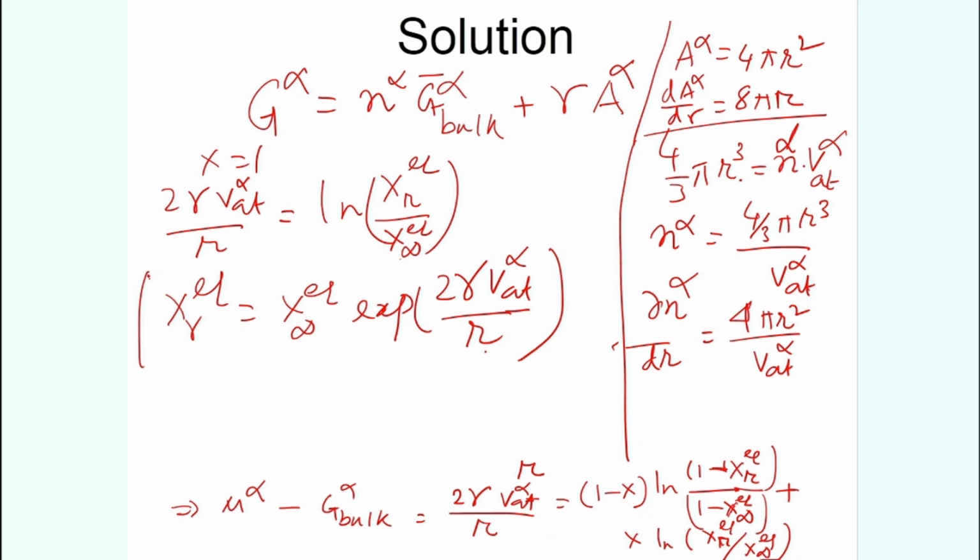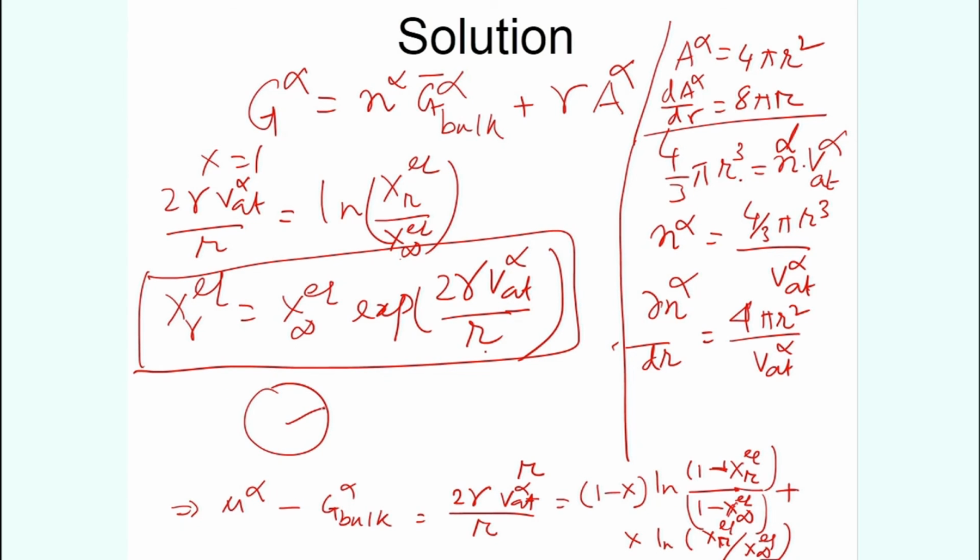So this is the composition variation as a function of particle size r from the surface to the center. Okay, let us stop here. We will come back in the next lecture. I think I have discussed enough. We will discuss this part again. Thank you.